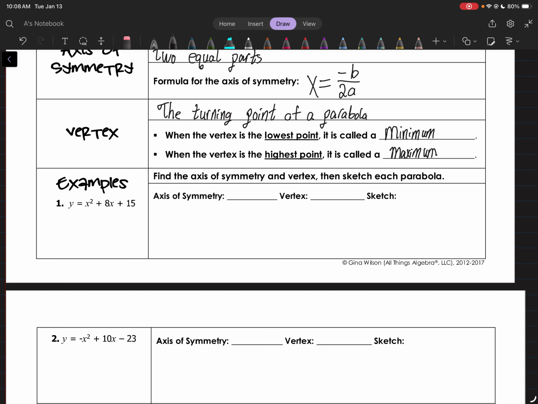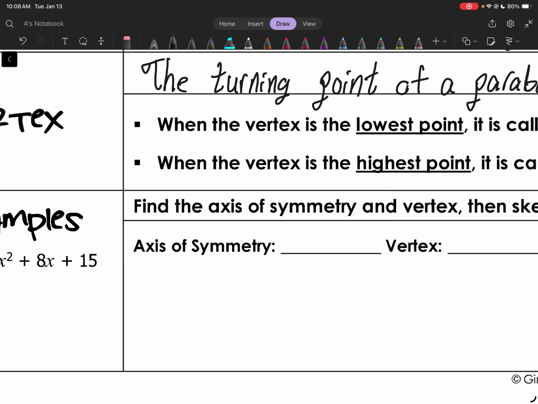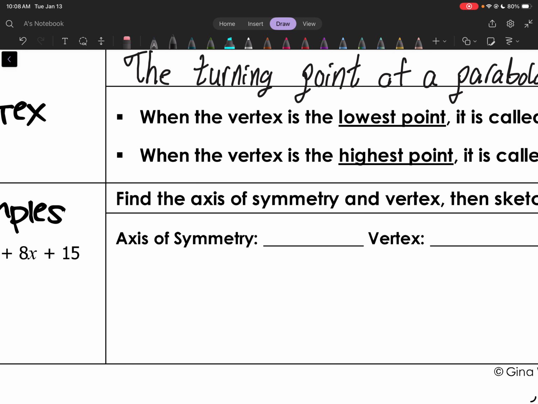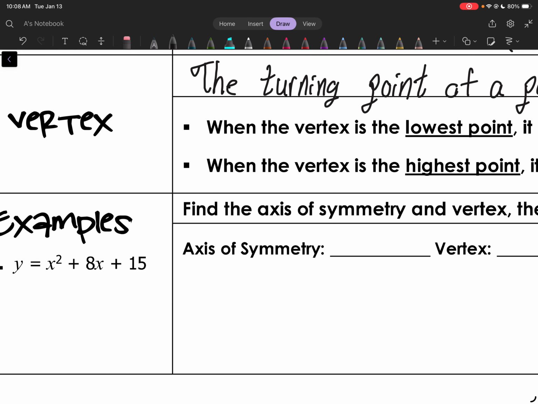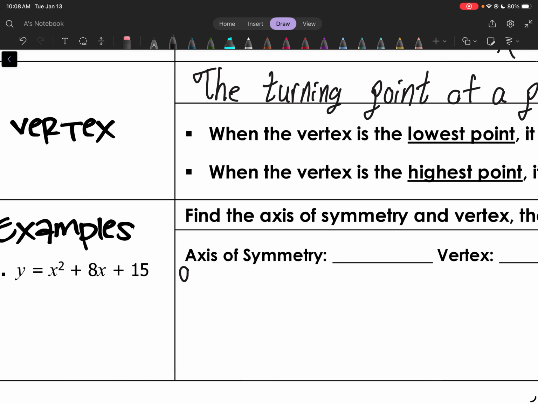Let's try the axis of symmetry, vertex and a sketch for number 1. I'm going to identify my A, B, and C values. My A value is in front of the x squared. It is the imaginary 1.